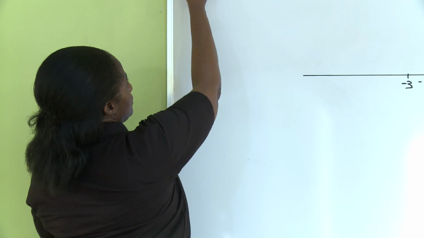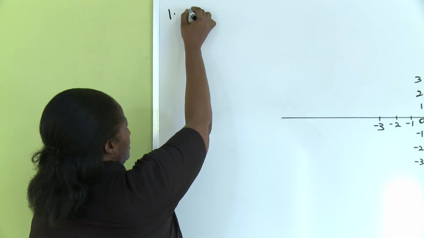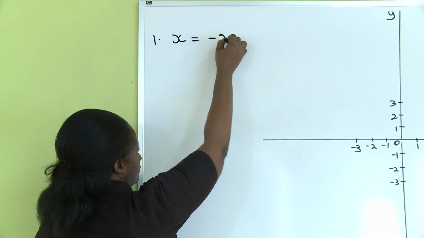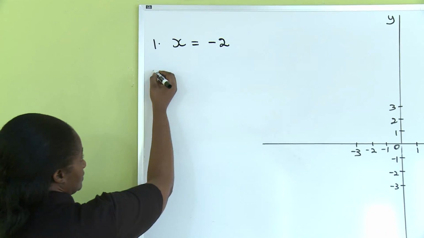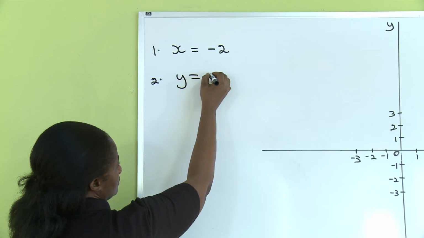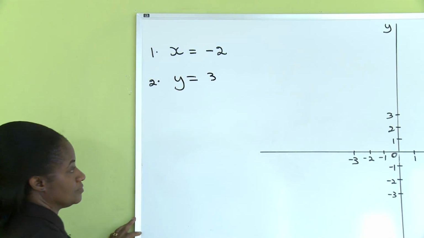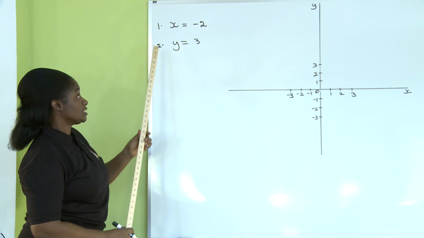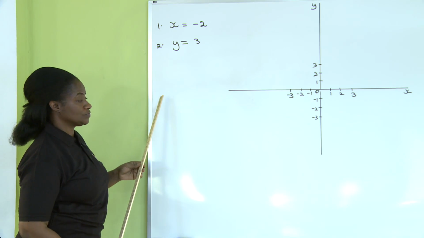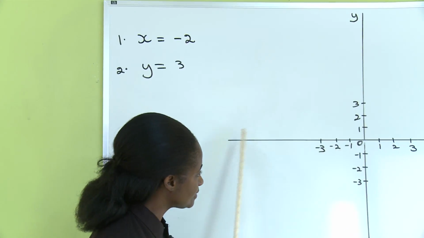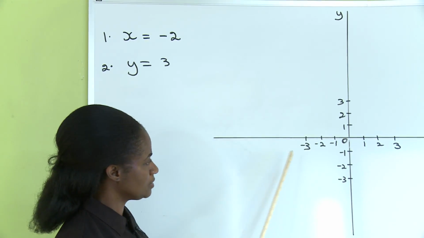We are going to sketch two lines. One, x is equal to -2. And the second line, y is equal to 3. To sketch the line x is equal to -2, you go straight to your x-axis within your Cartesian plane.